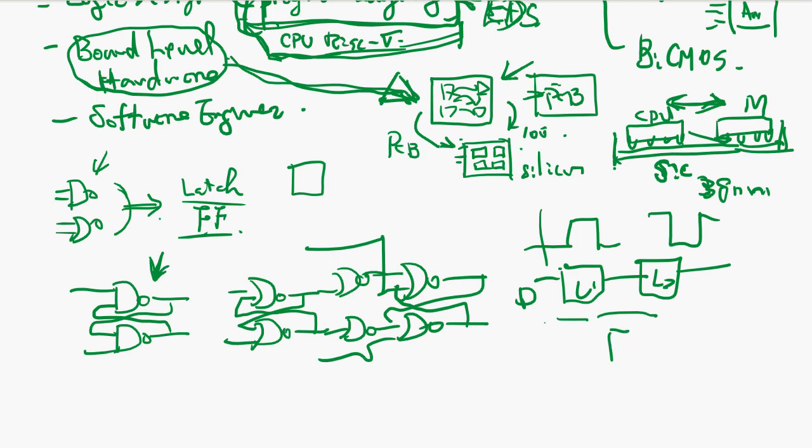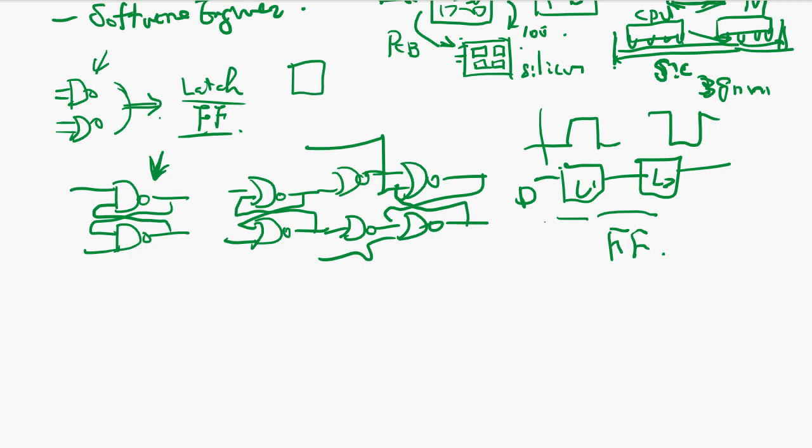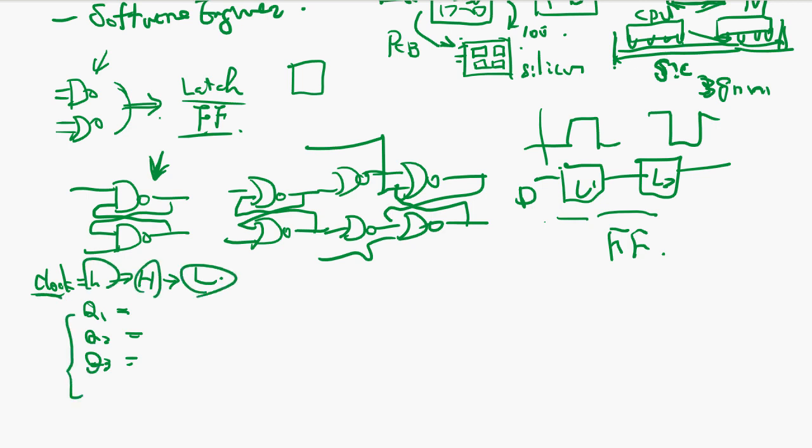Okay, so can we handle this by the programming-like language? The programming-like language is like you have logic equations Q1, Q2, a lot of logic equations, and you have a clock, low and changing to high and low, and every time the clock changes you update the logic.